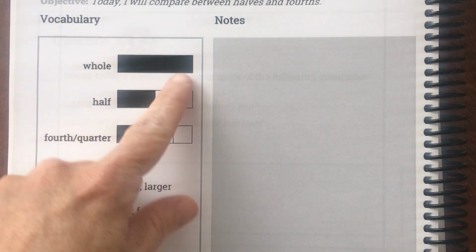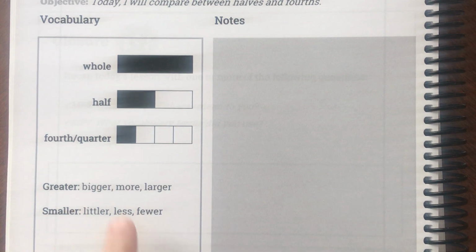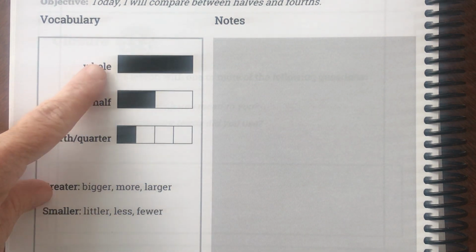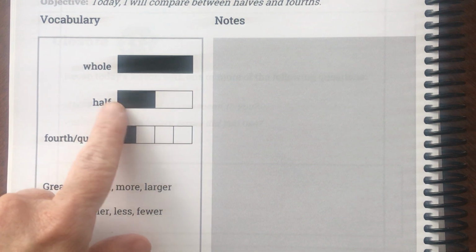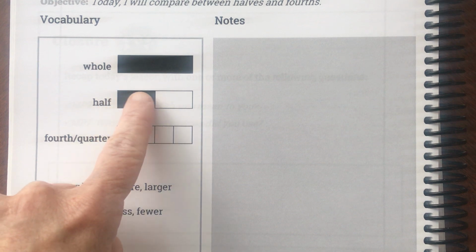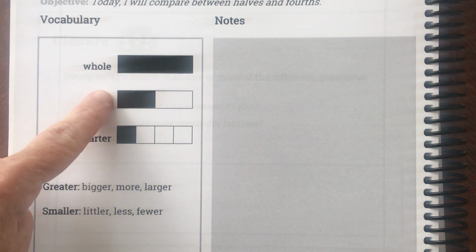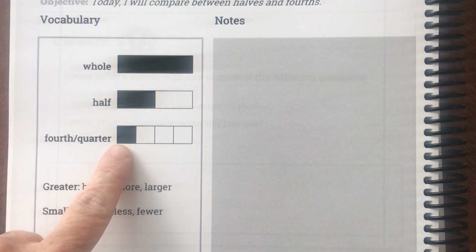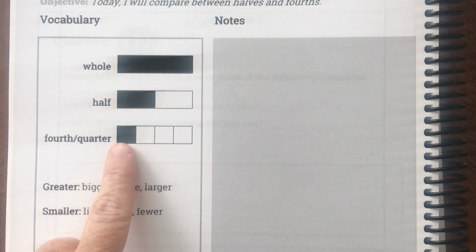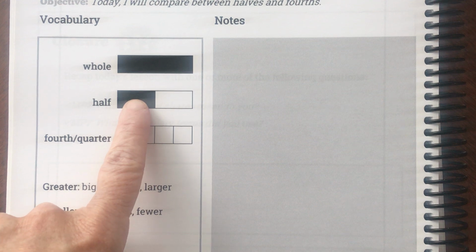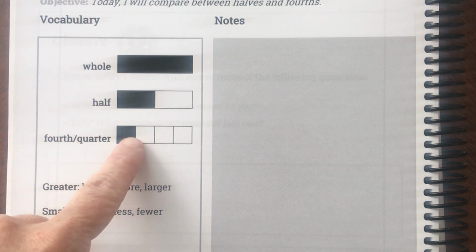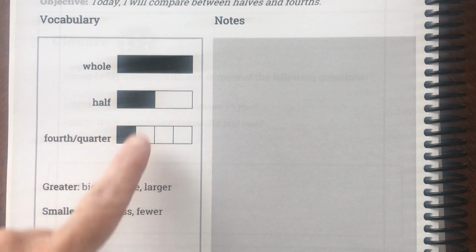So if I look at the pictures of what's shaded, the whole is bigger or larger or more than the half, and the half is bigger or more or larger or greater than the fourth. But we could do it opposite too. I could say the fourth is smaller than the half, or the fourth is less than the half, or the fourth is fewer than the half.